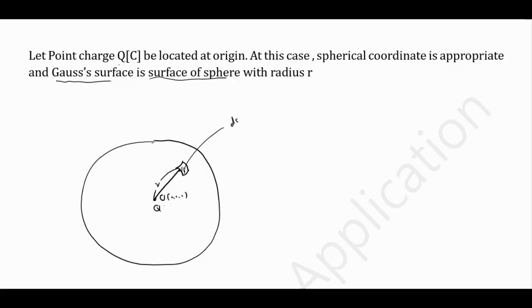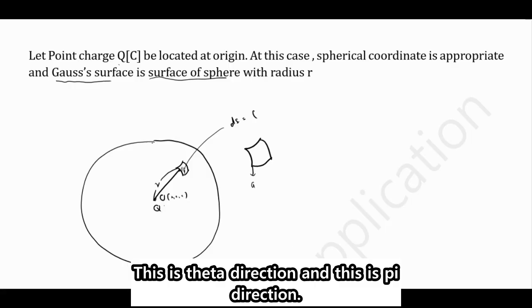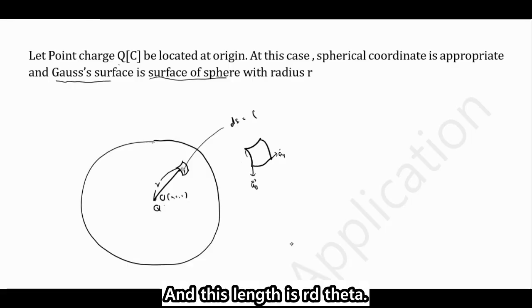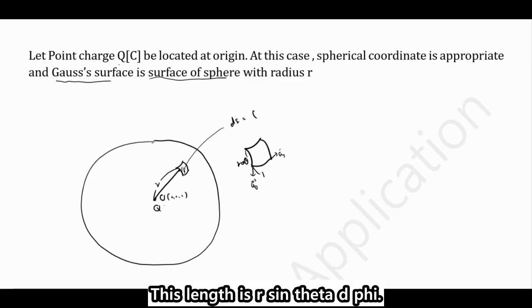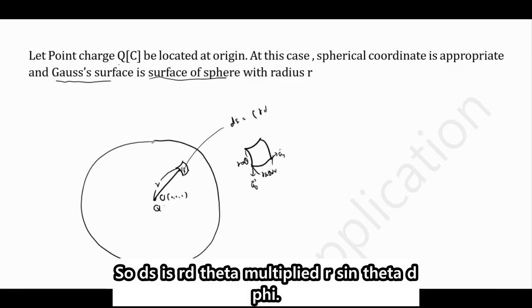The surface area: we enlarge this surface. This is theta direction, and this is phi direction, and this length is r d theta. This length is r sine theta d phi. So ds is r d theta multiplied by r sine theta d phi.